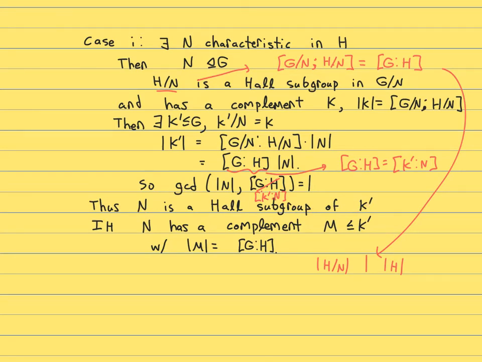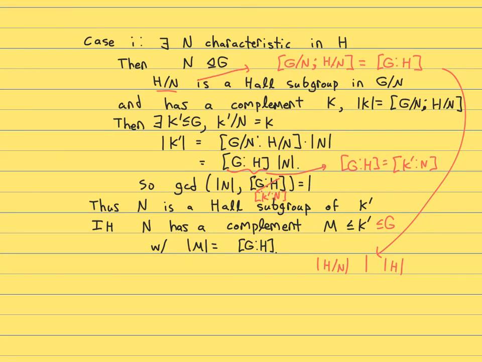And so now we can apply induction to K prime. And so N has a complement in K prime. It has the right size. And voila, we have a subgroup of K prime, which is also a subgroup of G, whose size is the index of H in G. So we have a complement to H finally.